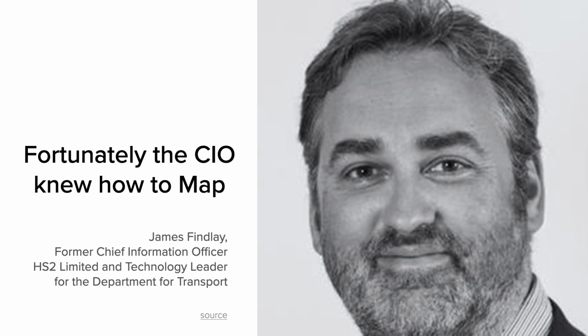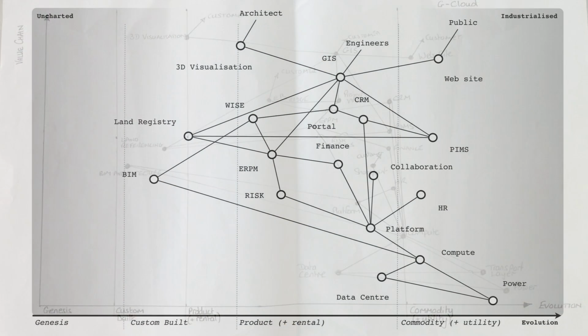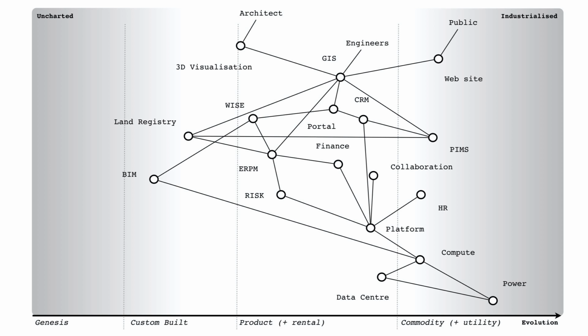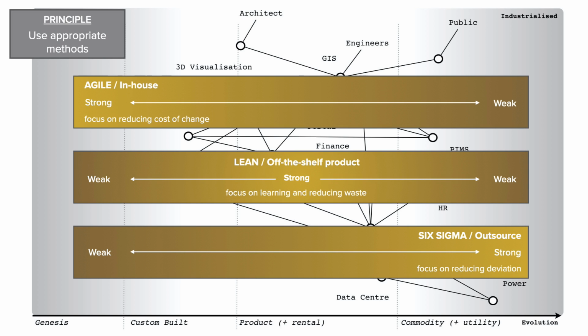Fortunately, the CIO of this project knew how to map, and a couple of hours later, he turned the box and wire diagram into this map. So now they had a clear map of the IT architecture of their project. And they could overlay one of the 40 key operating principles of the mapping method onto it.